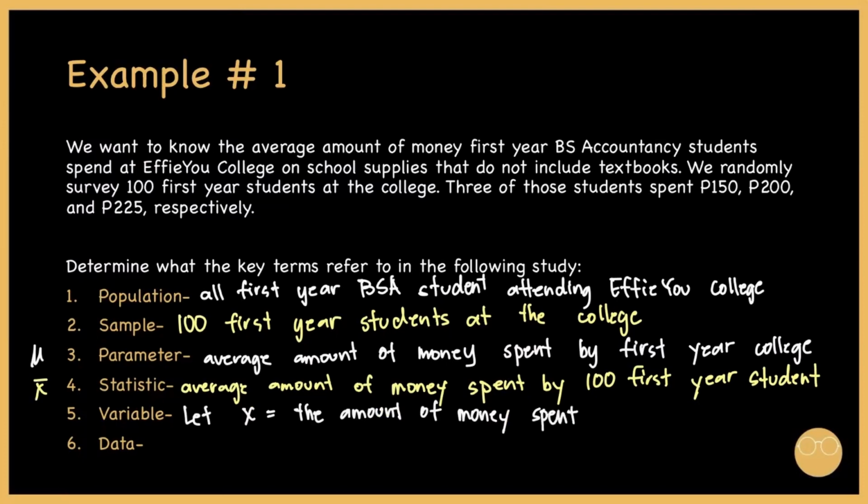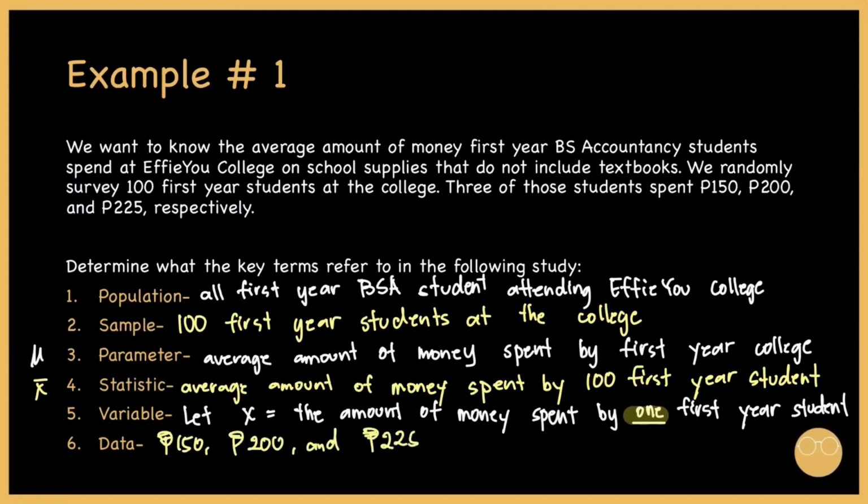For the variable, we will use X, and that will be equal to the amount of money spent by one first year student attending FEU college. For the data, this will pertain to the actual peso amount spent by the first year students: 150 pesos, 200 pesos, and 225 pesos.